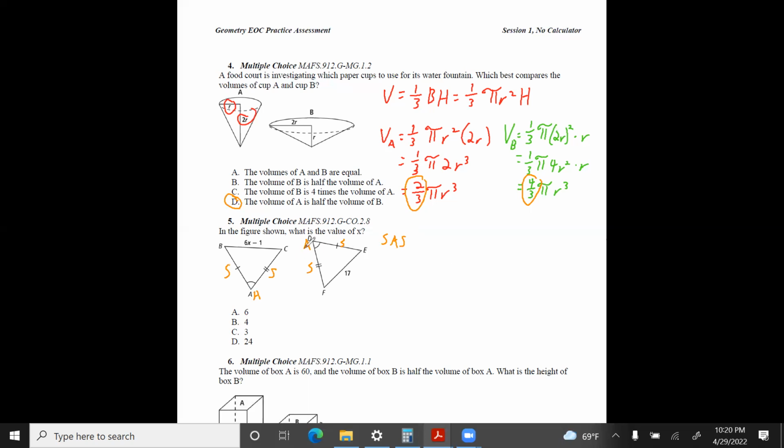Since they're congruent, the corresponding parts have to be congruent as well. So the lengths are equal, which means that 6x minus 1 has to equal 17. So solving that, bring the -1 over to the other side by adding it. That's 18 divided by 6, and x is 3.